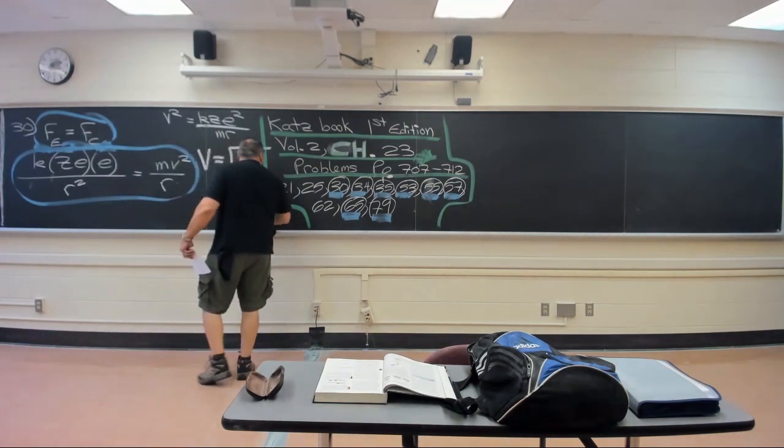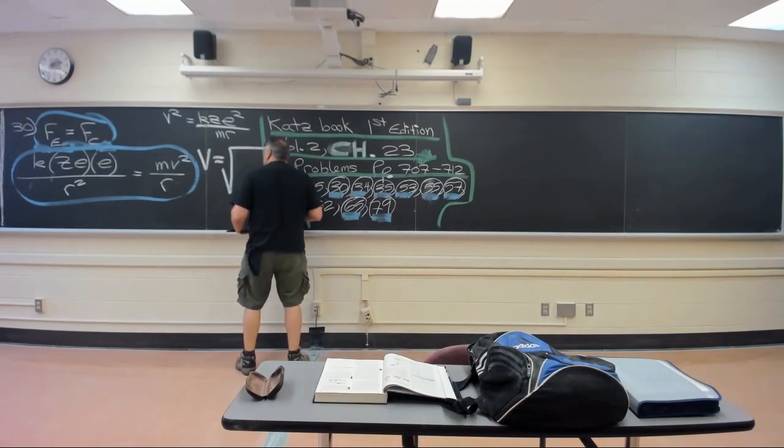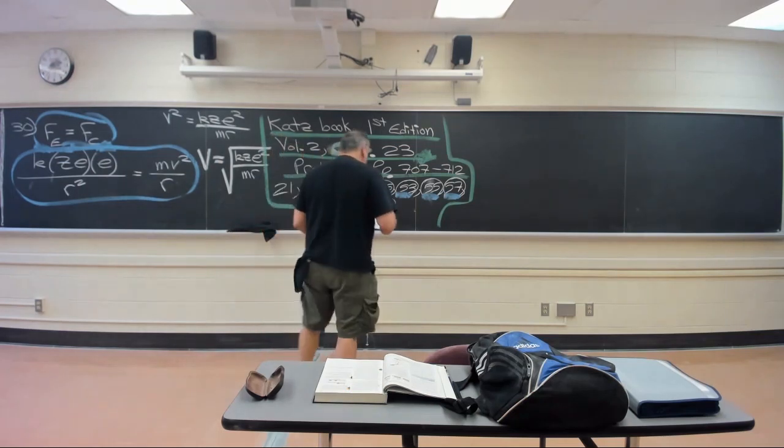I'll be erasing some things as well to give us a little more room, you guys. The square root of e squared is just e. That'll come out. Everybody else stays underneath the radical.